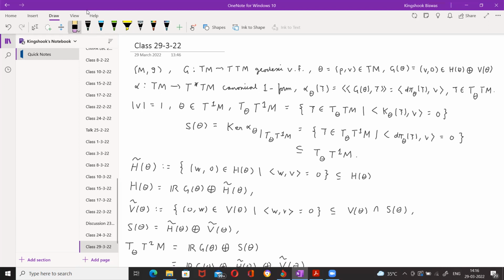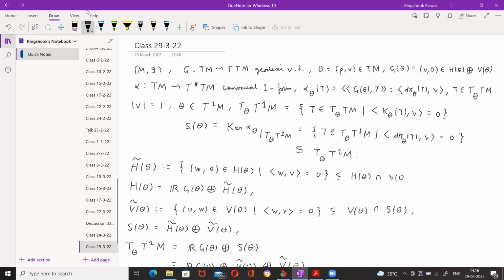And then S theta I can write as H tilde theta direct sum V tilde theta. Is this clear? Sorry, so actually, no, this was right. This is in H theta intersect S theta.